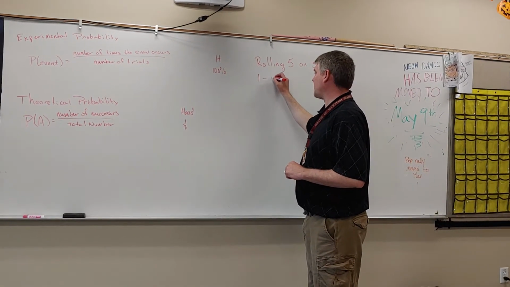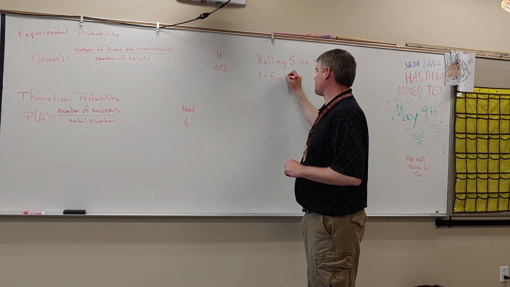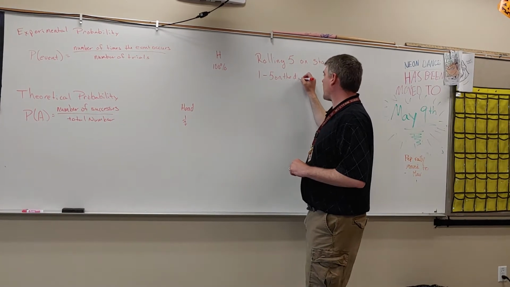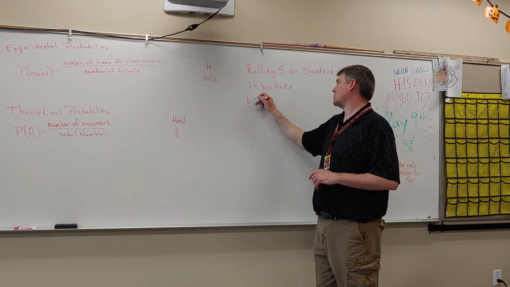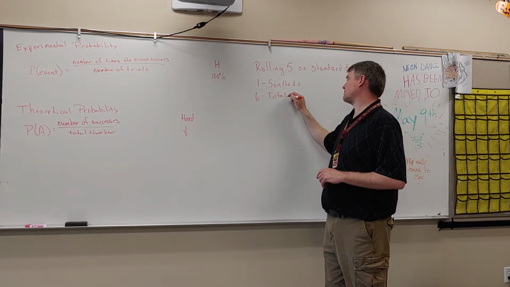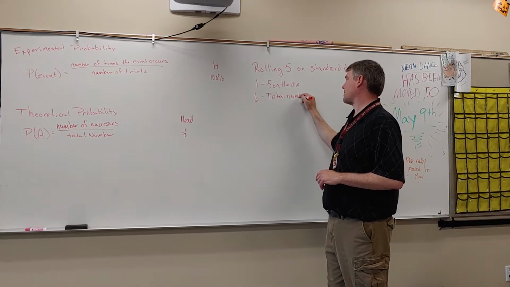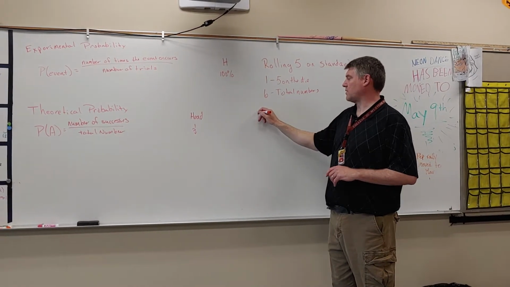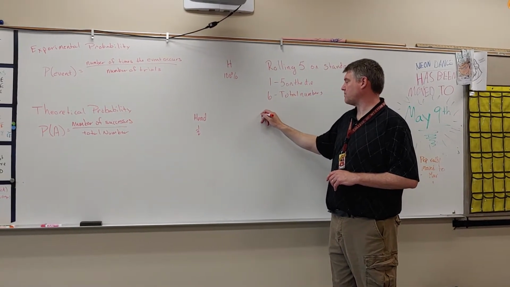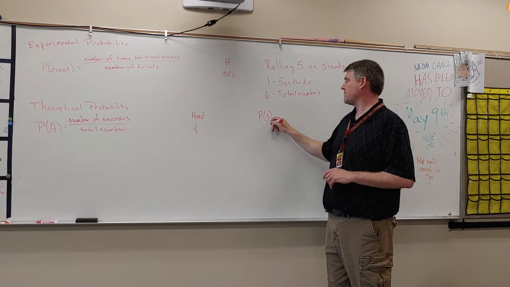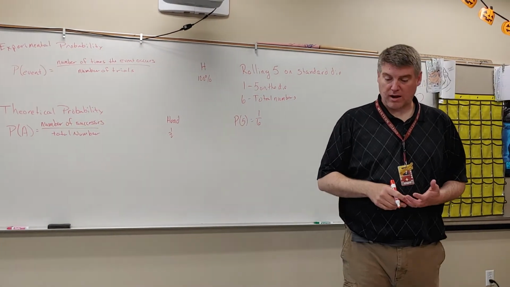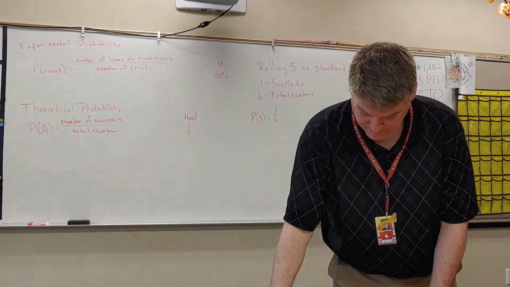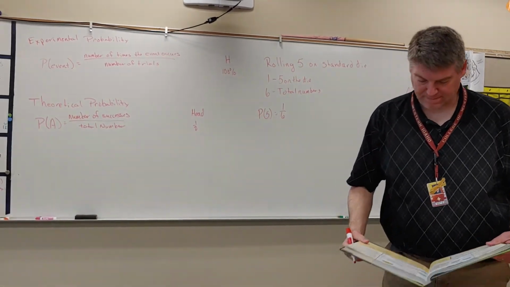So there's 1 five. And then how many numbers total are there? Well, there's 6 total numbers. So our theoretical probability of a 5 would be 1 out of 6. So that's our probability for rolling a 5, is 1 out of 6.